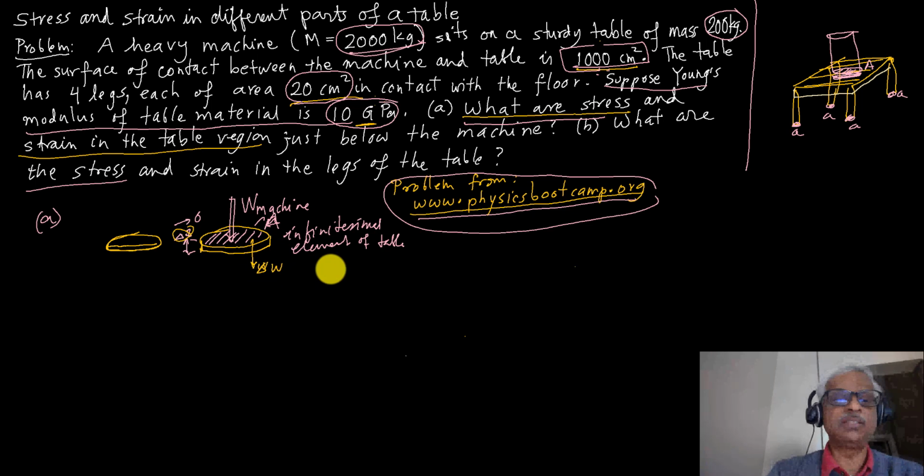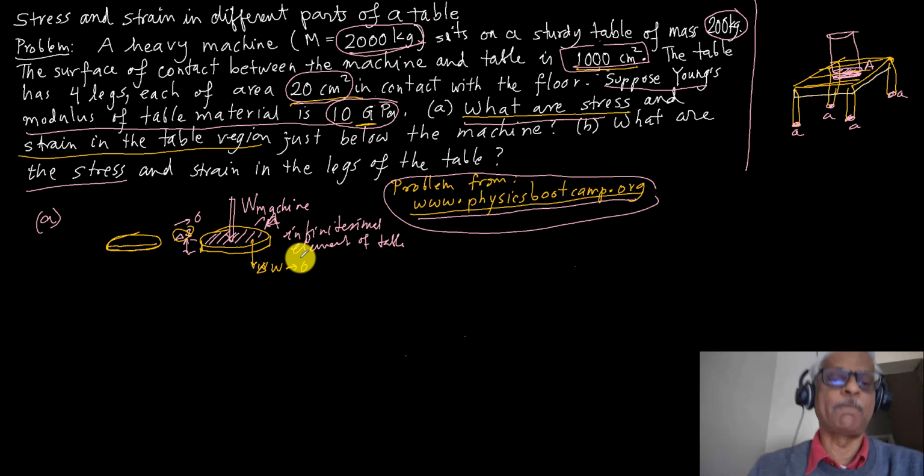But when delta z goes to 0, this goes to 0. So there's a net force on this, and it should be accelerating. So there must be something wrong with this idea, right?